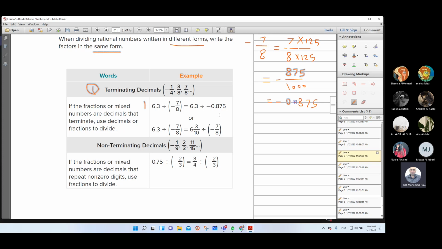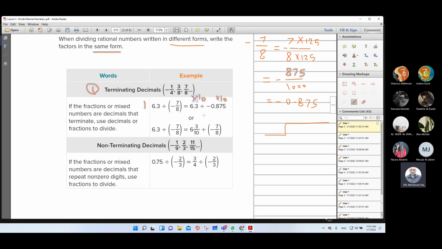Then you can do here long division. As you remember, when you want to do long division between two decimals, if the divisor has a point, you cannot do this long division, so you must remove the point. How to remove this point? You can multiply here by 10 and multiply here by 10.